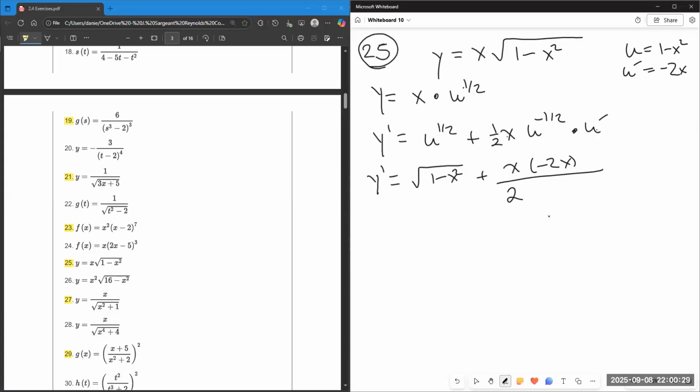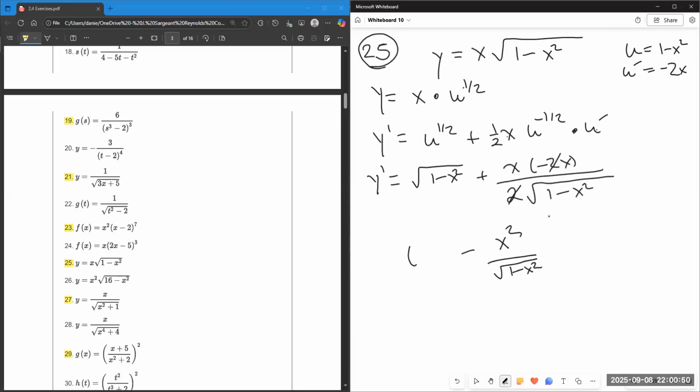My denominator is 2 and the square root of 1 minus x squared. See if we can cancel anything, 2 and 2, making this a negative x squared over root 1 minus x squared.